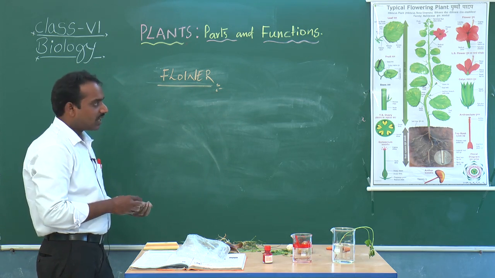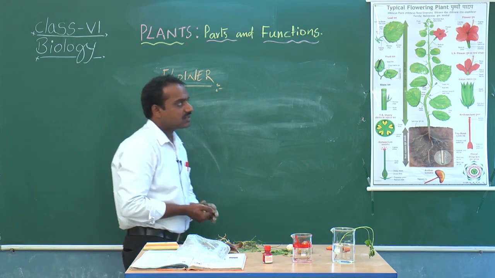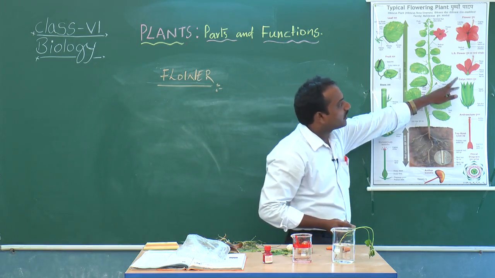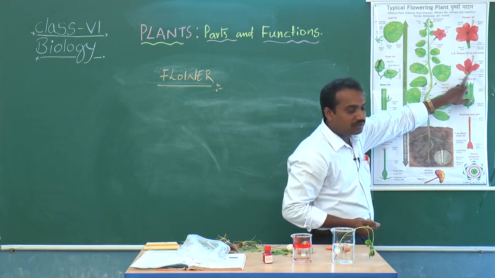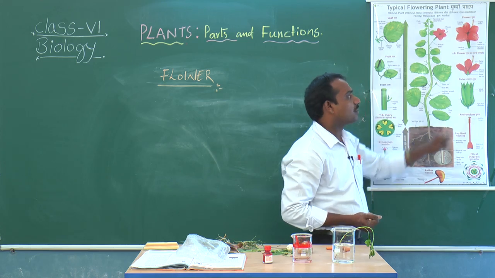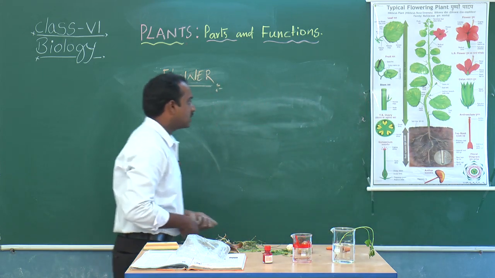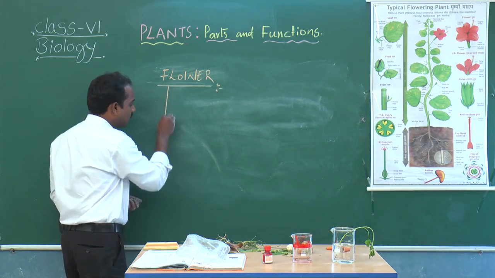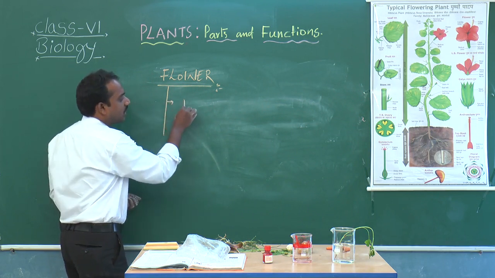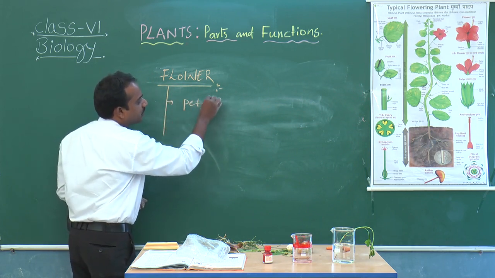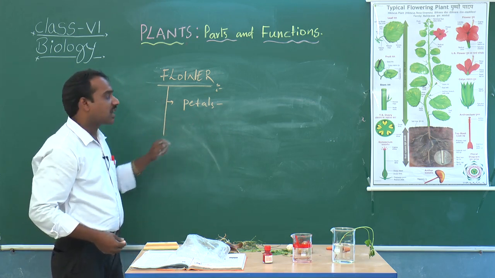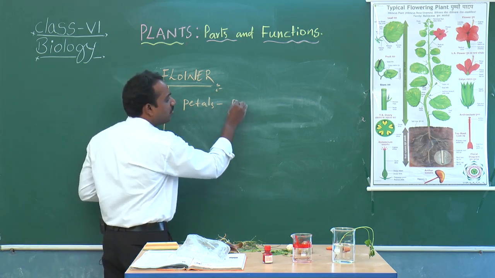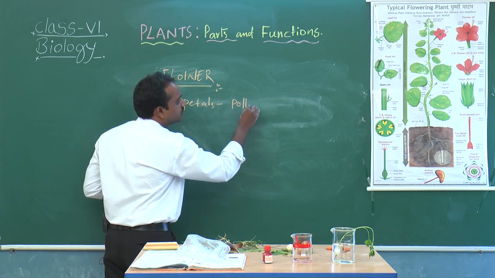A flower consists of different parts, like brightly colored parts, green colored parts, etc. The brightly colored parts of the flower are called petals, which are in different colors in different plants, and help in pollination of the plant.